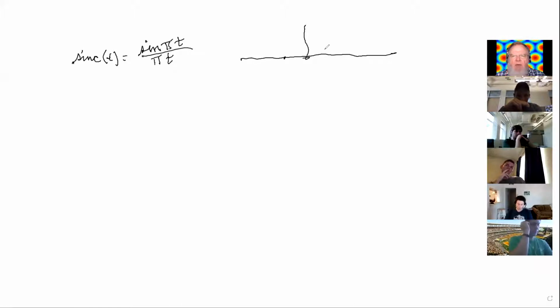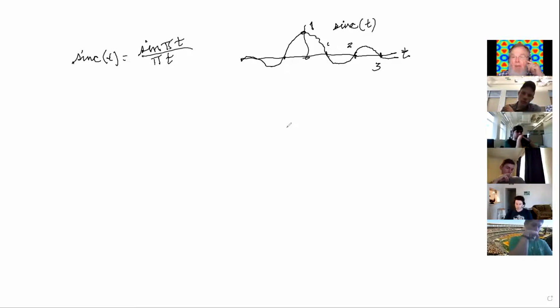If we look at the integer values on the timeline as a function of time, this sinc has a value of 1, and it goes down and it goes through all of the integers. So it goes through 1, 2, and 3. So it's beautiful in that sense. It's very nice. Now, many times you'll hear people talk about the sinc and have it defined differently, but there's a beauty in defining it this way, one of which is this.